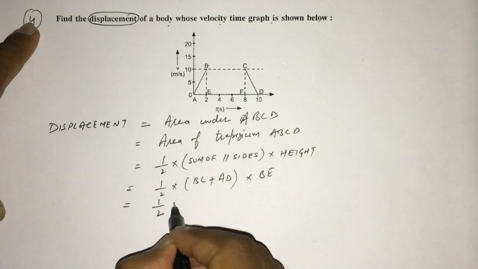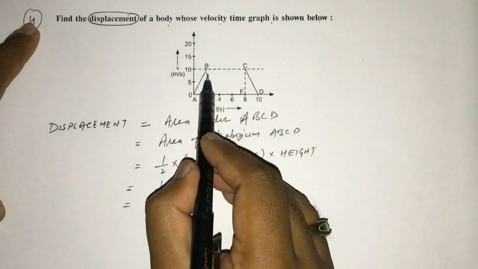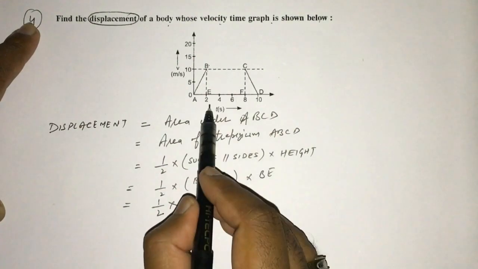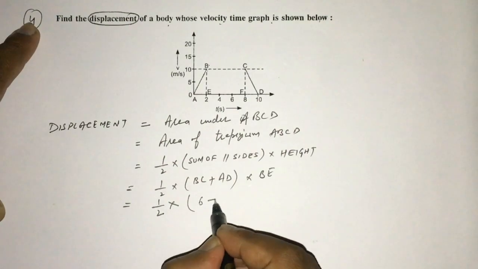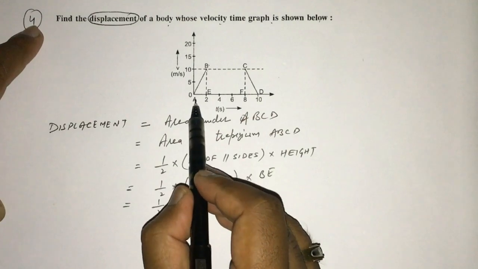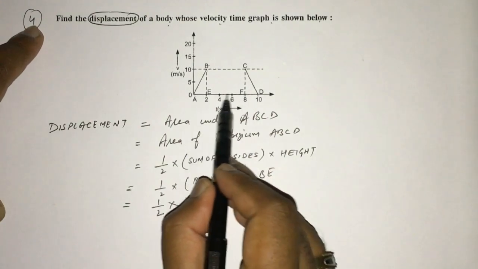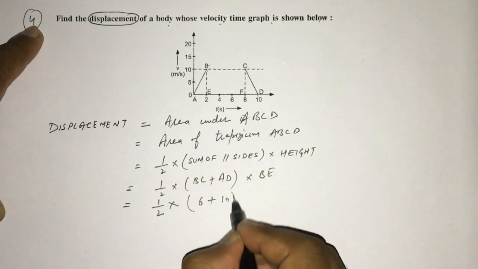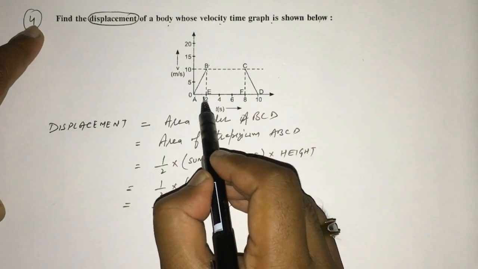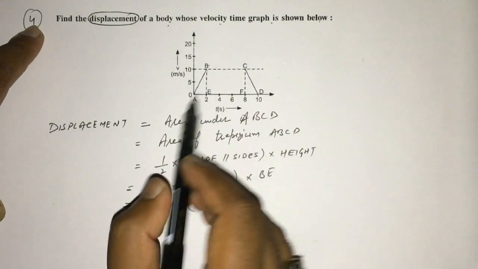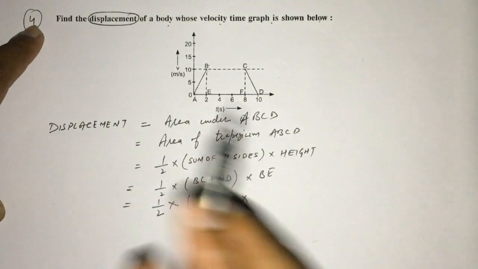We have 1 by 2 into the value of BC, from B to C, means 2 to 8. So 8 minus 2 becomes 6, plus AD, from A to D, means 0 to 10, is 10, into BE, from B to E, means from 0 to 10. Height is from 0 to 10.